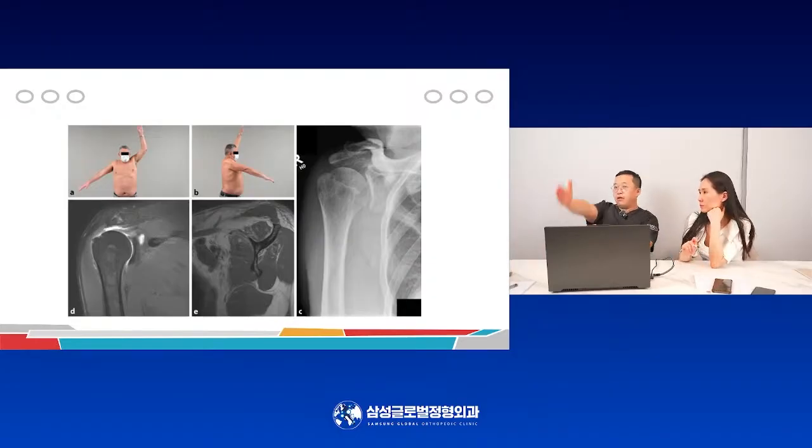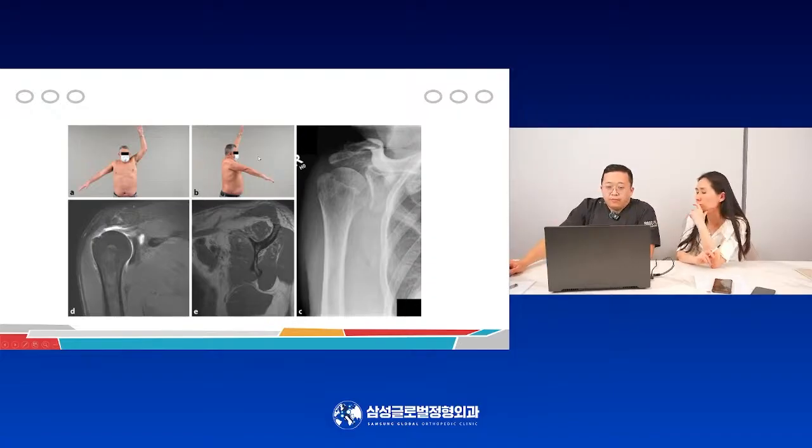They cannot raise their arm forward. So this is a very big problem. They cannot wash their head. They cannot drink coffee. Very usual performance is not affordable for them.